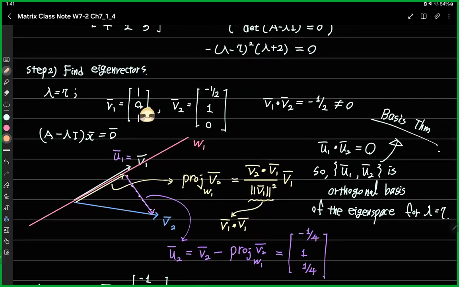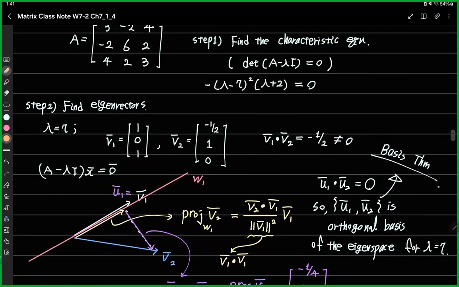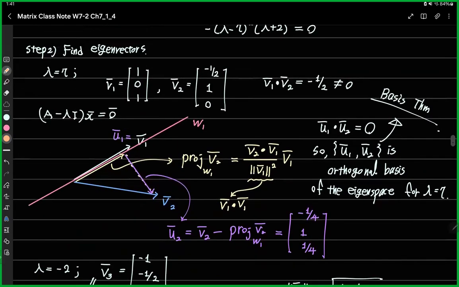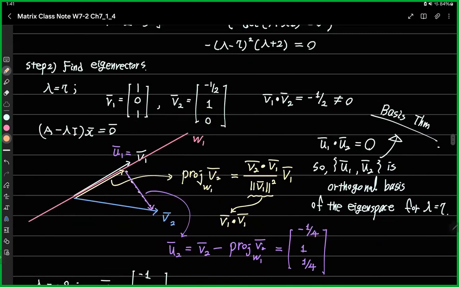Because the multiplicity of the eigenvalue 7 is 2, we got two eigenvectors, which are linearly independent, so they form a basis. The number of basis vectors determines the dimension, so the eigenspace is a 2D subspace.